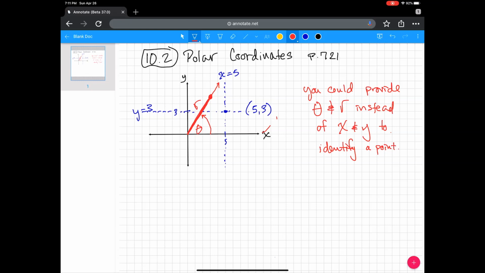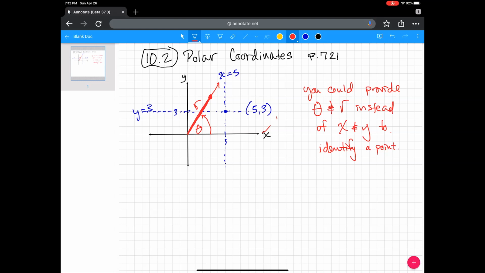If you do that, then you have a different kind of coordinate system. The x and y values are called the Cartesian coordinate system. When you give theta and r, the angle of inclination from what would be the x-axis and the radial distance, or the distance from the origin you have to follow at that angle to get to the point, that's called polar coordinates.